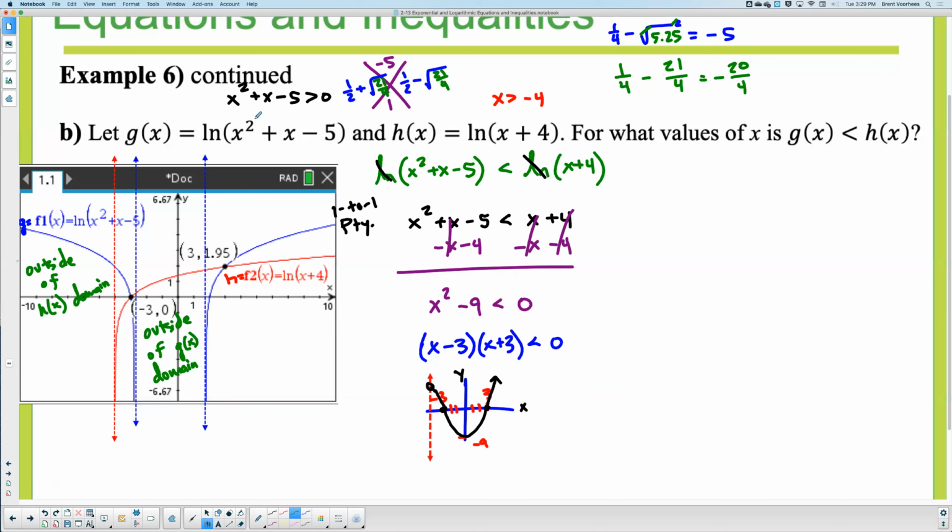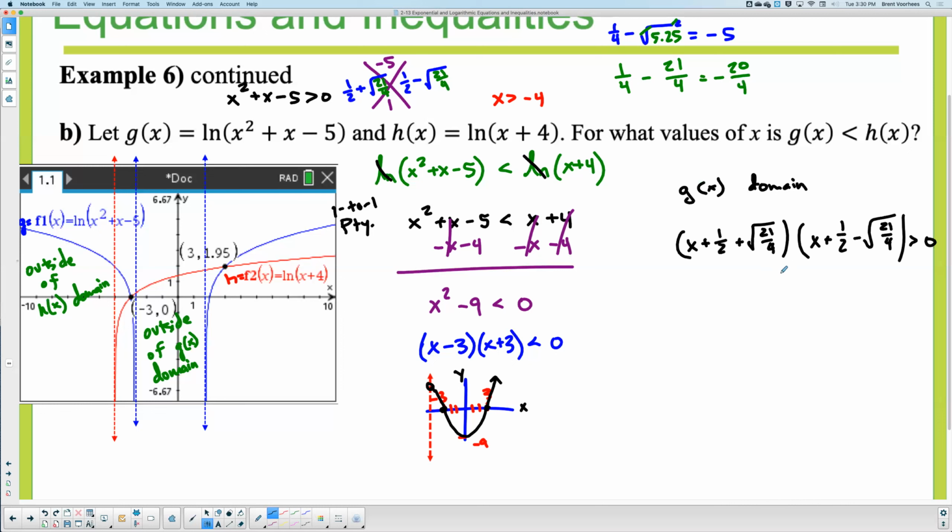Now, what does that mean for you? Oh my goodness, what does that mean? Let me write G's domain over here, G of X domain. Here's what that means: X plus 1/2 plus the square root of 21/4 times X plus 1/2 minus the square root of 21/4 has to be greater than 0.